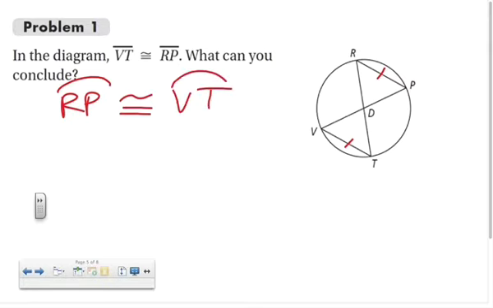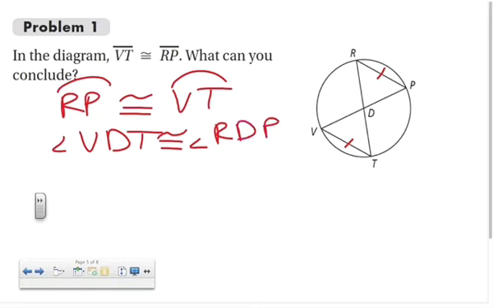D is definitely the center of the circle, so I know that angle VDT is congruent to angle RDP. Of course, I knew that already. Like I said before, they're vertical angles. They've been congruent since chapter 1.